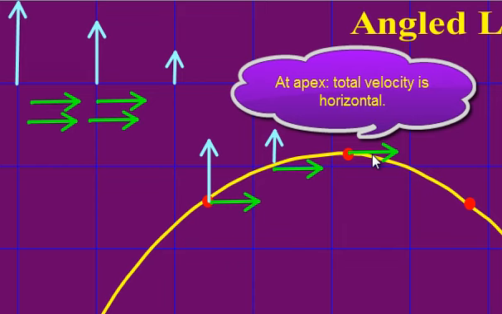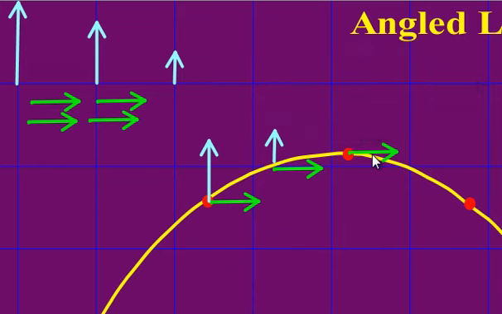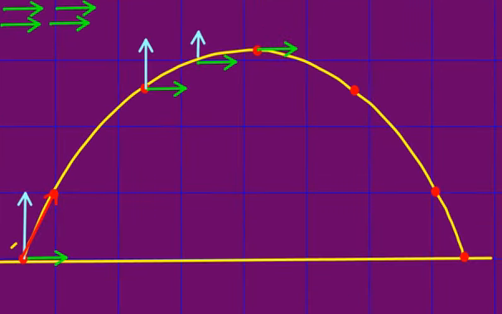But then just a split second later, we are going to see basically the opposite effect. Before we continue, we should maybe sketch in the total velocity as well with the red arrow. Because the vertical velocity is decreasing, the total velocity is decreasing. Also notice that the angle of the total velocity is getting flatter.